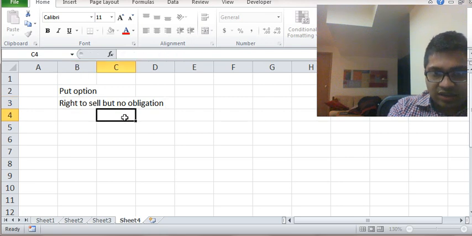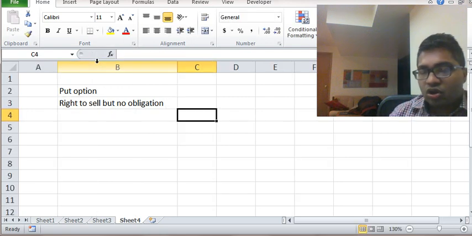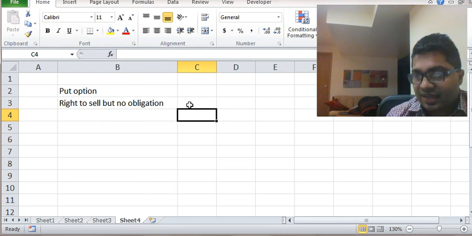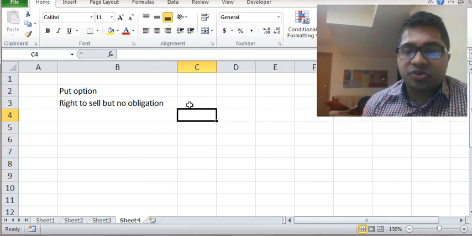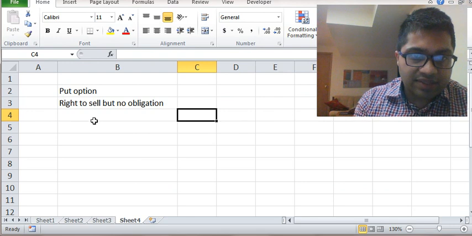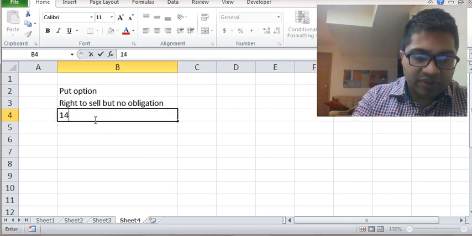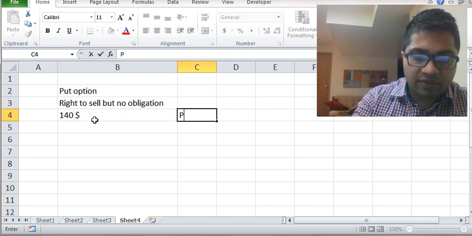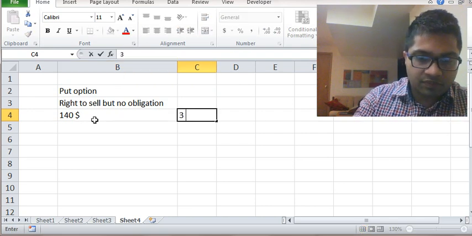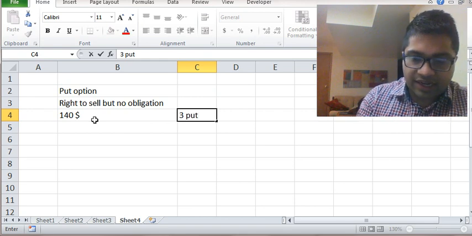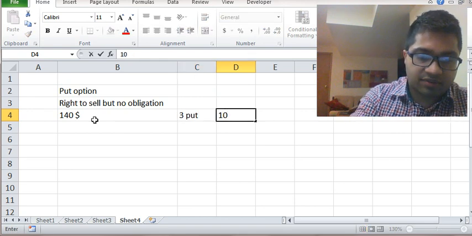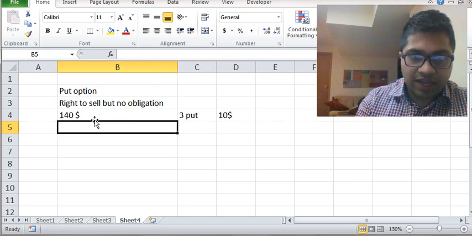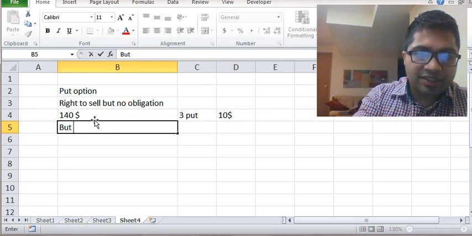It is right to sell a stock but there is no obligation at a specific price within a future duration. So let's say same thing with Facebook. $140 is the Facebook price. You have a 3 months put trading at $10 and you decide to buy this put option.